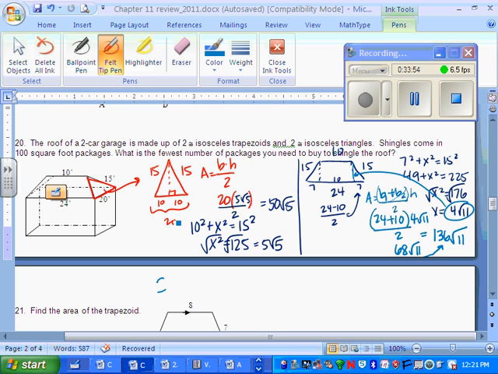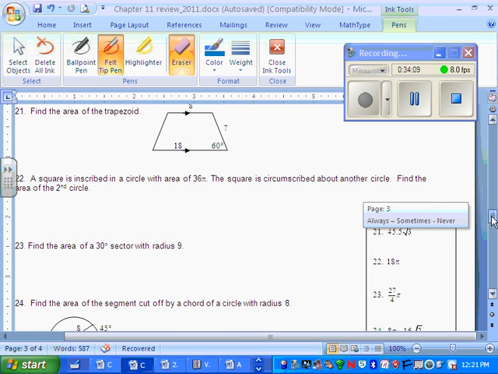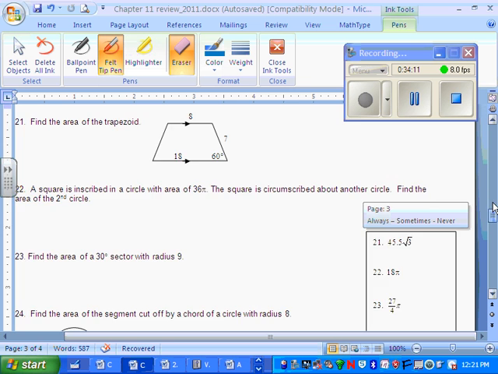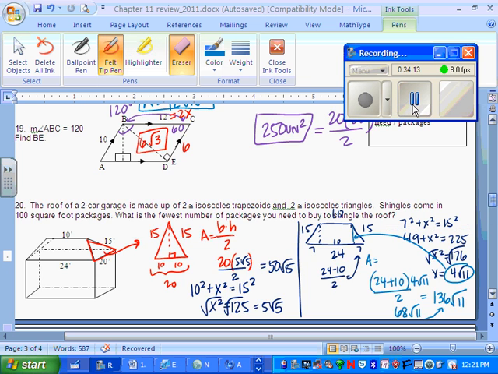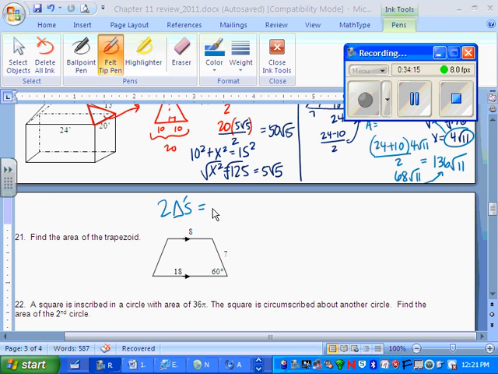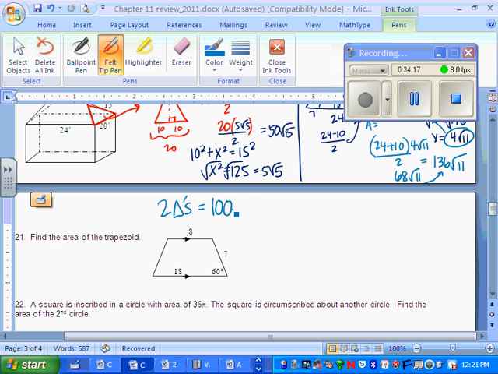So the two triangles are going to be 100 root 5.